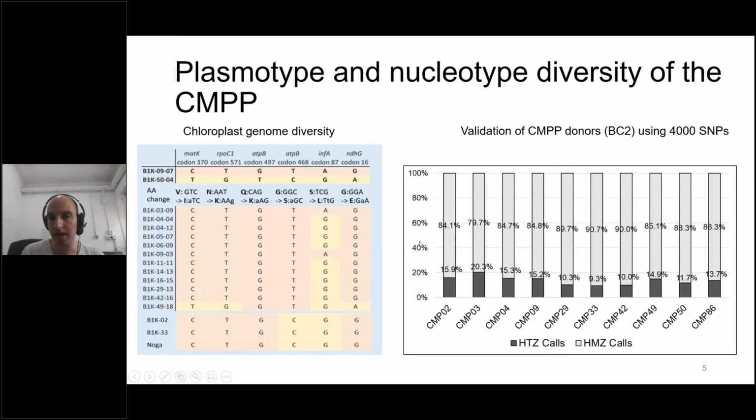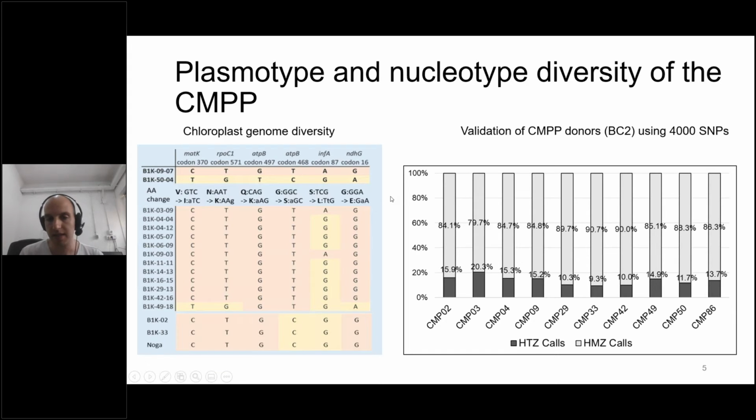And on the other side, you can see the QC genotyping we did on the backcross 2 level. Basically, those are the plants whose pollen was used to do the double haploidization. As we expect from backcross 2 plants, we would expect a level of heterozygosity of approximately 12.5%.